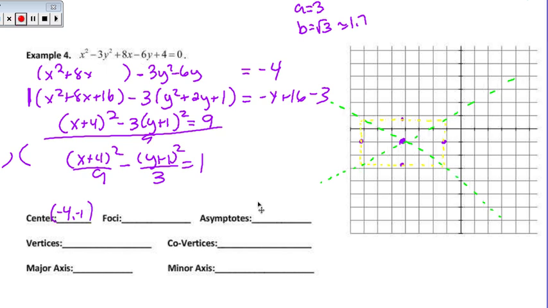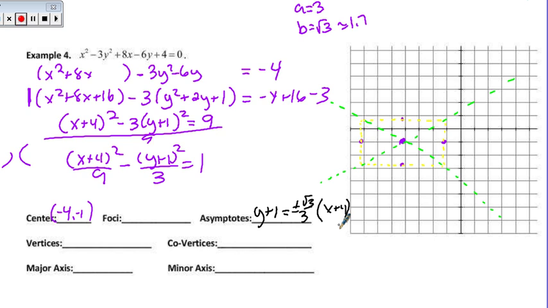So I know it's going to be, let's see, y plus 1 is equal to, now in this case we're going up square root of 3 and over 3, so it's going to be plus minus square root of 3 over 3, and then x plus 4. So there's the equation of our asymptotes.